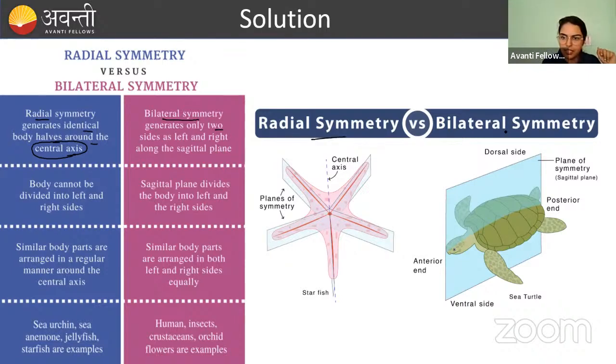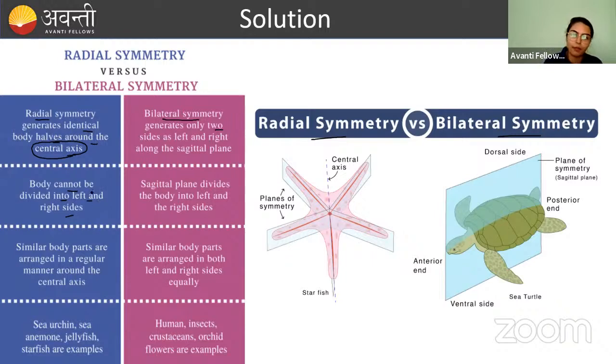You can see here, this is radial symmetry on the left side, and the right one is called bilateral symmetry. By the sagittal plane, you will see only two halves, one left and one right. A radial body cannot be divided into left and right; that happens in the sagittal plane, in bilateral symmetry.